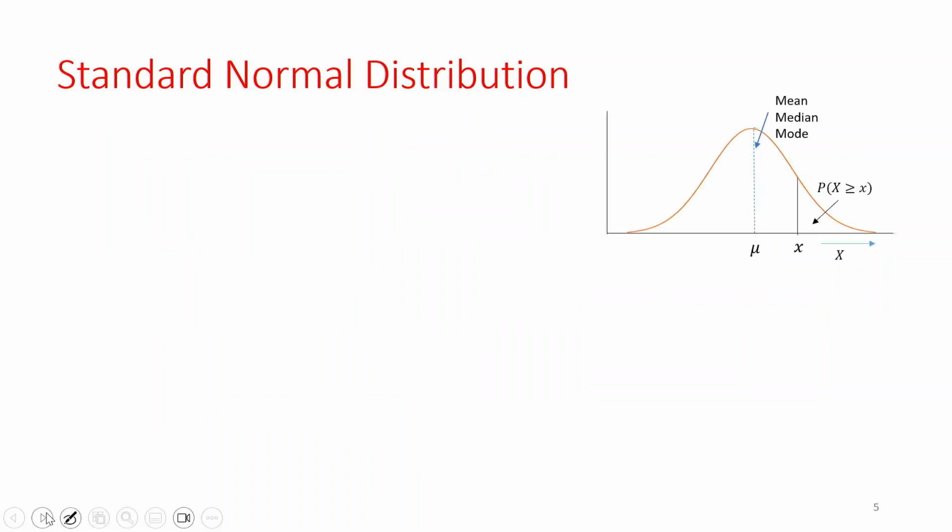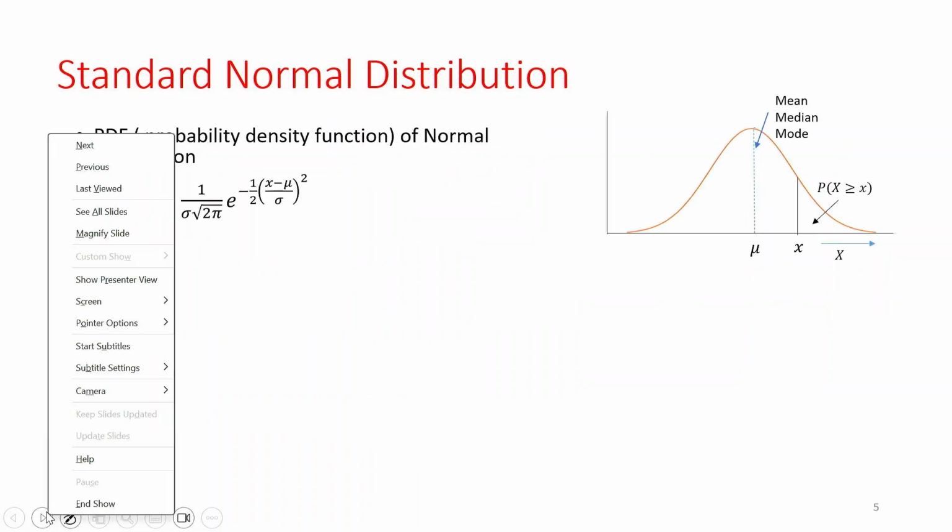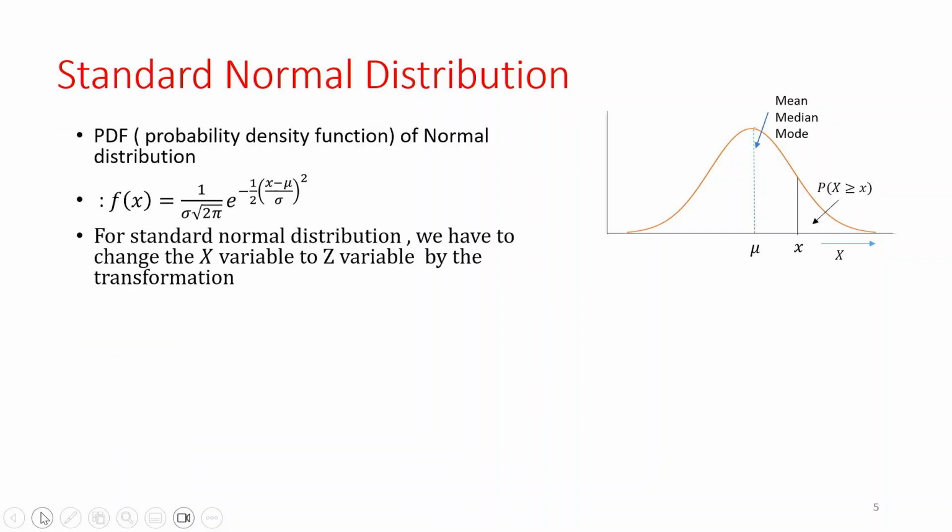So, standard normal distribution. The probability density function of normal distribution, you already know, it is already written in the previous slide also. Now, for standard normal distribution, we have to change the x variable to the z variable by the transformation z = (x − μ)/σ.